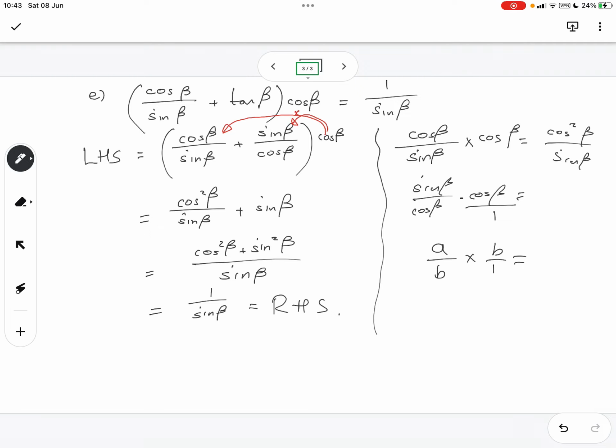When I multiply the fraction sine over cos by cos over 1, what's the answer? What do you get when you have a over b times b over 1? What's the answer? Maybe b a over b squared. No, you are wrong.